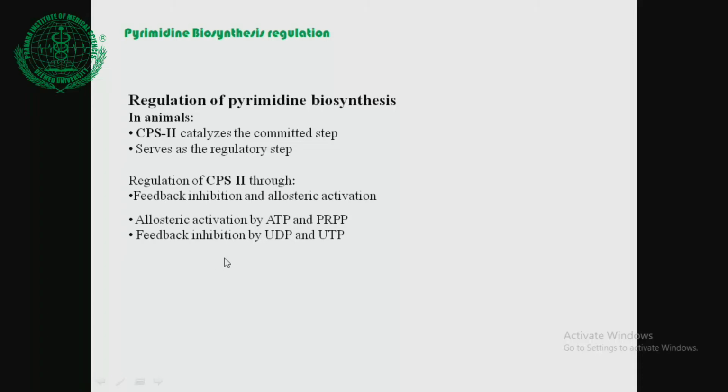Whereas uridine diphosphate and uridine triphosphate inhibit the enzyme through a feedback regulatory loop, and they act on the inhibitory allosteric site present on the enzyme, and they inhibit the synthesis of uridine monophosphate and consequently the synthesis that gives uridine diphosphate and uridine triphosphate.